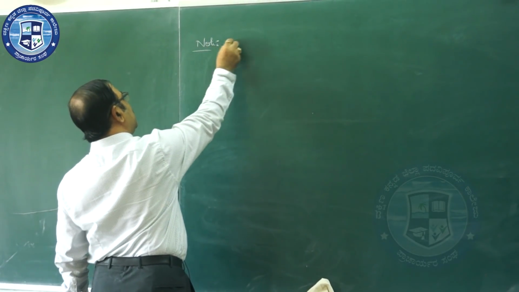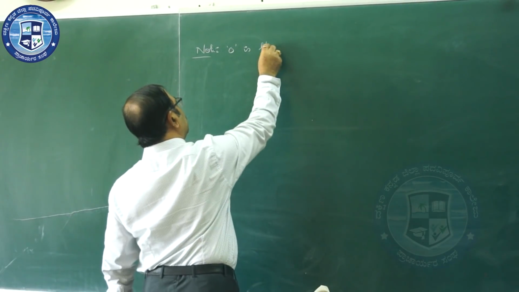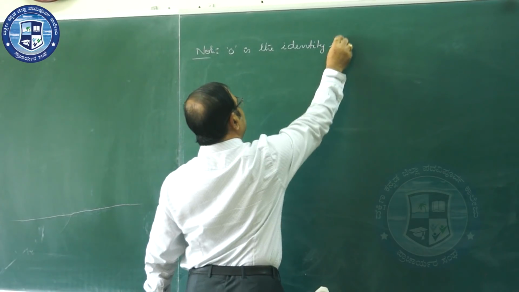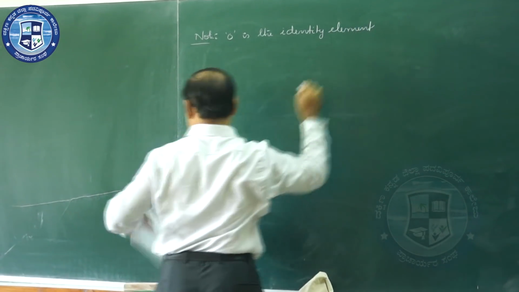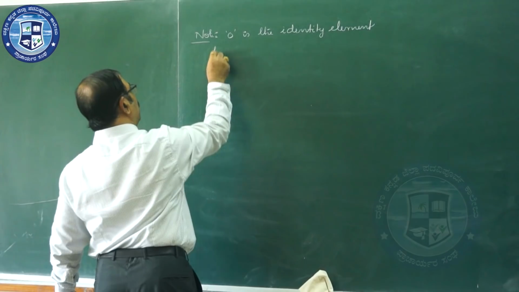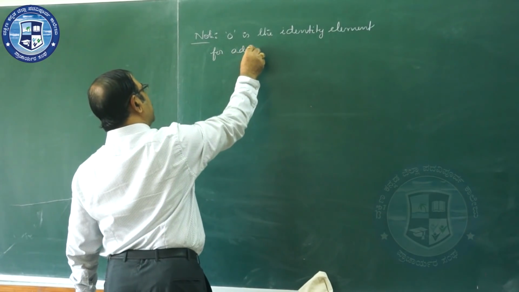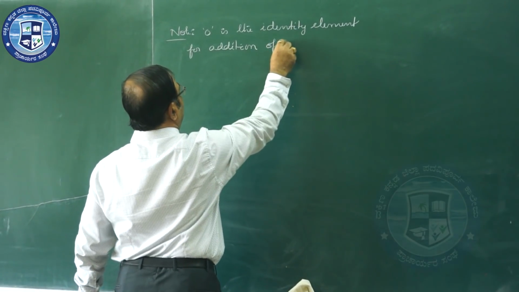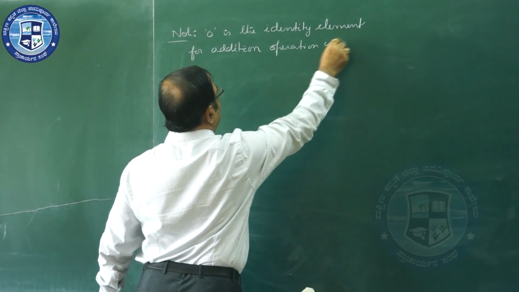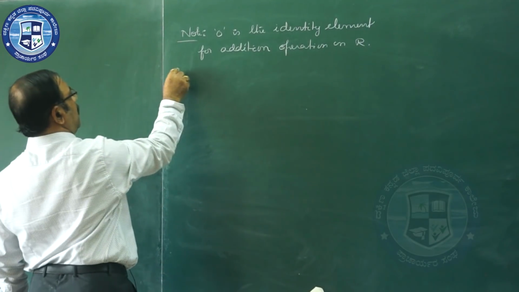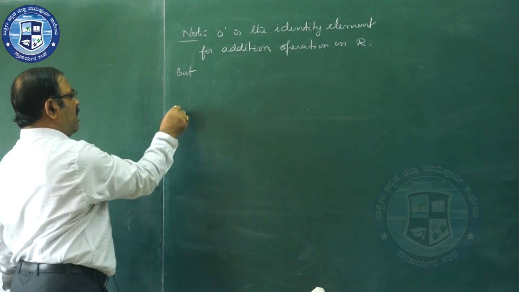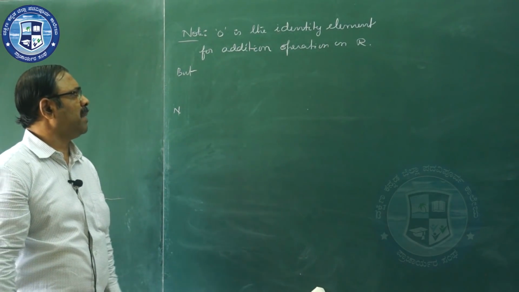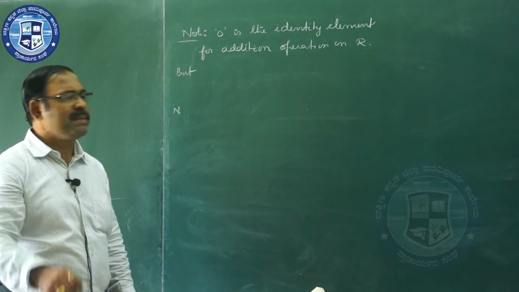Note, 0 is the identity element for addition operation on R. But you take N now. See, 0 is the identity element for addition operation on R. R means real numbers.